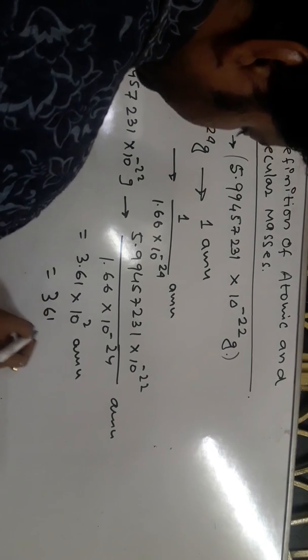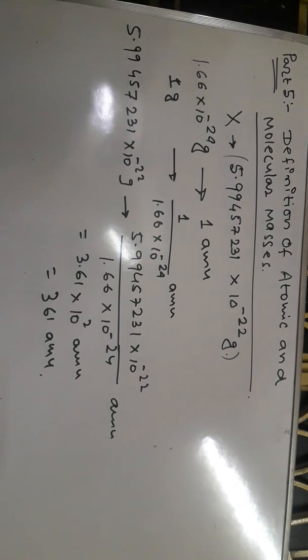So suppose this is a very heavy atom. 361 AMU means quite a heavy atom. Well, that is fine. We don't want to comment on whether it is heavy or light.